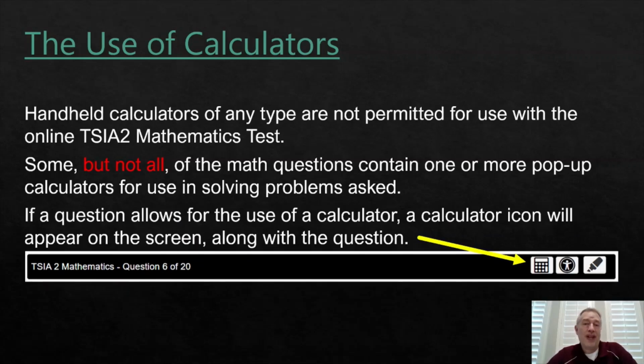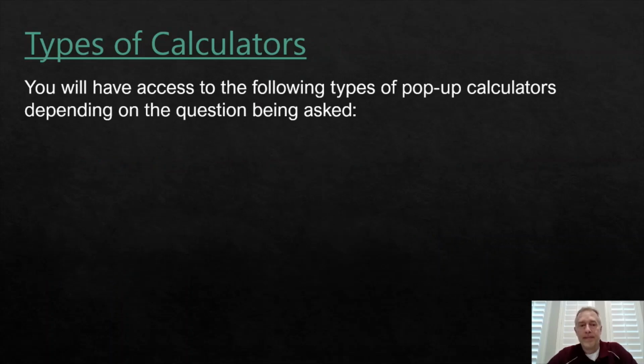If a question allows you to use a calculator on that part of the test, you'll see a little icon show up in the top right corner. It's usually going to be next to the number of the question, where you see your highlighter and some of the other aids that are available to you. You can see what I've highlighted. That shows up whenever we can use a calculator.